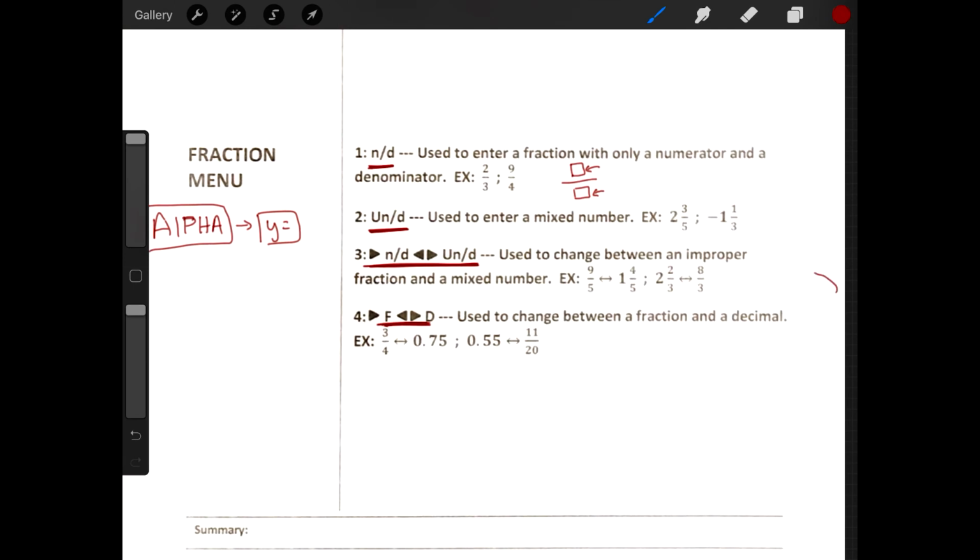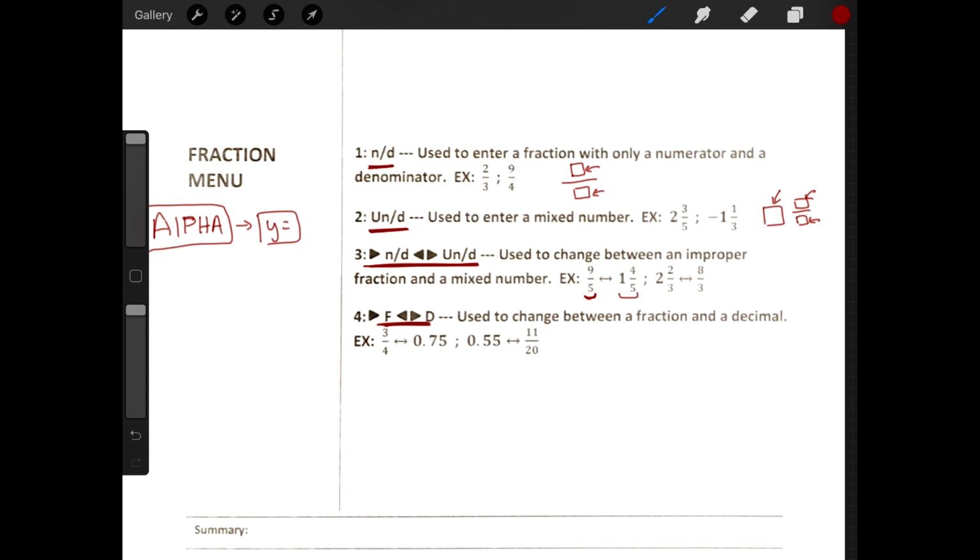So the form will look like this. You'll have the big number and then a fraction with 2 little numbers, and then you can put numbers into those boxes. Okay. Number 3 is going to be used to change between improper fractions and mixed numbers. So you can go from this improper fraction to this mixed number, and it will change it between those two.